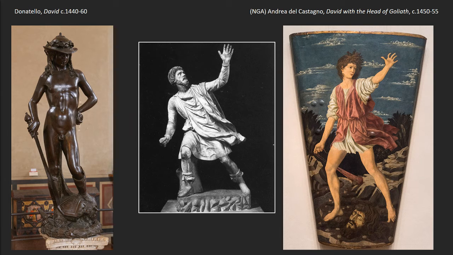Not that that really matters, right? But even though it doesn't look like a contrapposto pose, it's again this symbol that we're seeing, this manifestation that we're seeing in the 15th century of artists looking back at ancient Rome and incorporating those poses into their works.